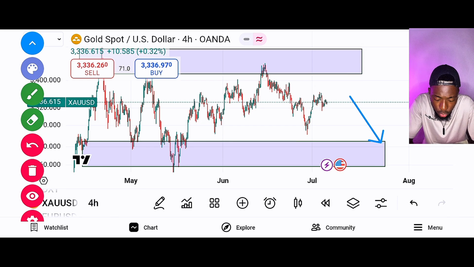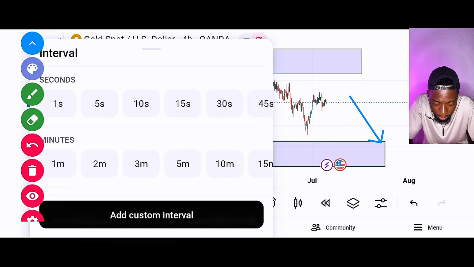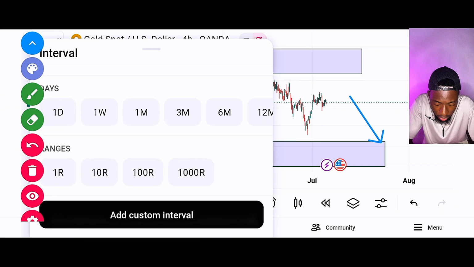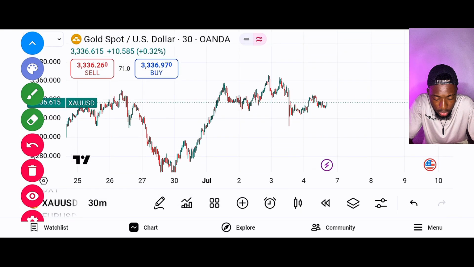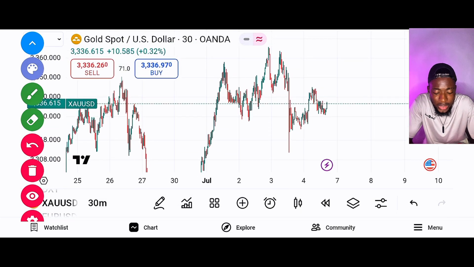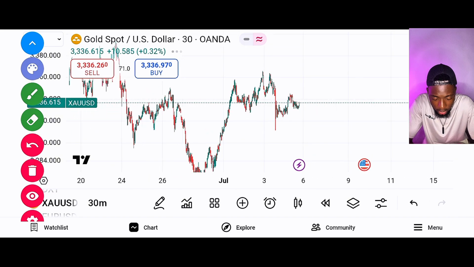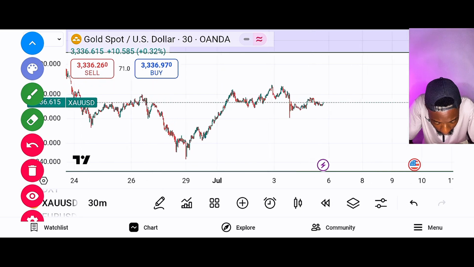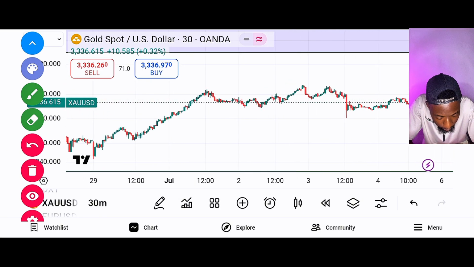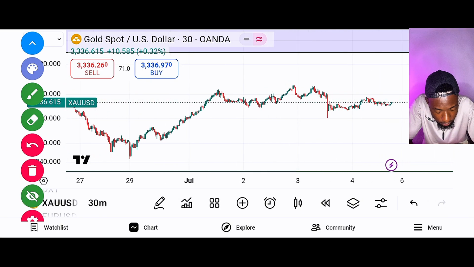You get me? So if we go to the 30 minutes time frame, which is the middle time frame for the day traders, what zone are you seeing here? Which zone can you actually look out for here to push this market down? If I look here, if I want to use an order block, I could use this zone.